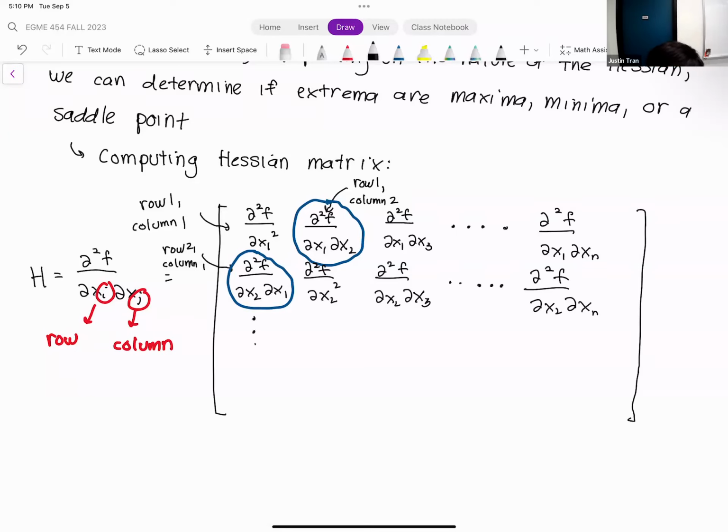Hopefully you guys are seeing the pattern now. I'm just going to write out the generic terms from here. We go down all the way to the bottom. The last row in the matrix will have partial squared f, partial xn, x1. We continue everything until the very bottom right, where we have partial squared f, partial xn squared.